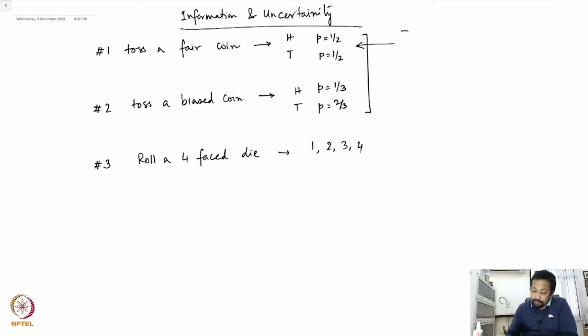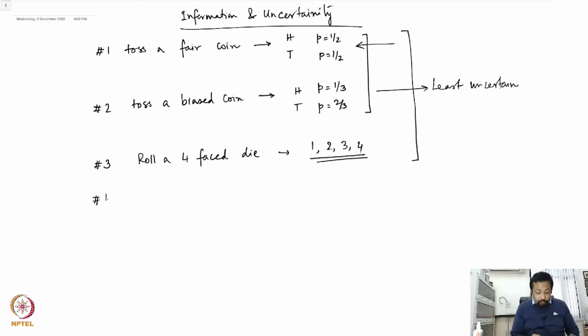If you are now asked to compare between these three, then you will say, oh, experiment number 3 is the most uncertain, because the number of outcomes are more. Therefore, it's more uncertain for me to predict which outcome is going to come. So of these 3 experiments, number 2 is the least uncertain.